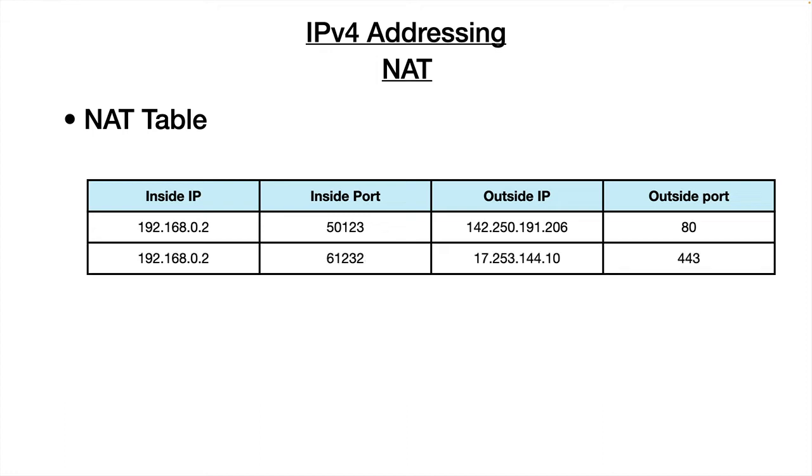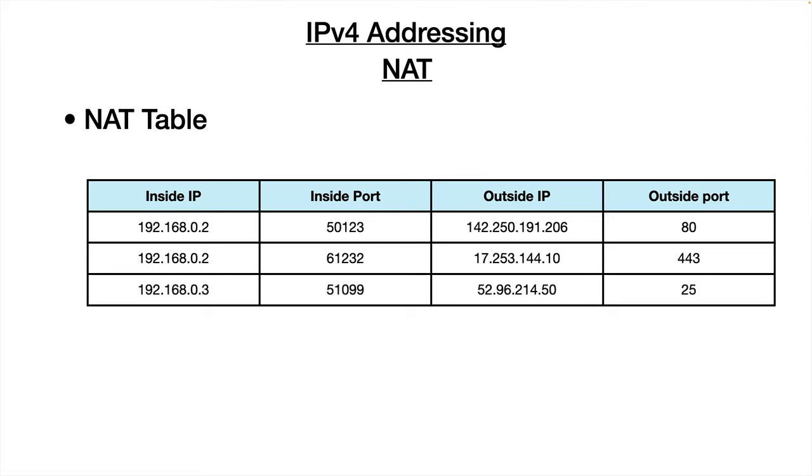Same machine, different port number, dynamically generated, is communicating with 17.253.145.10, which is Apple, on port 443, which is HTTPS. So the same machine is carrying on conversations with the outside world on different randomly generated ports.